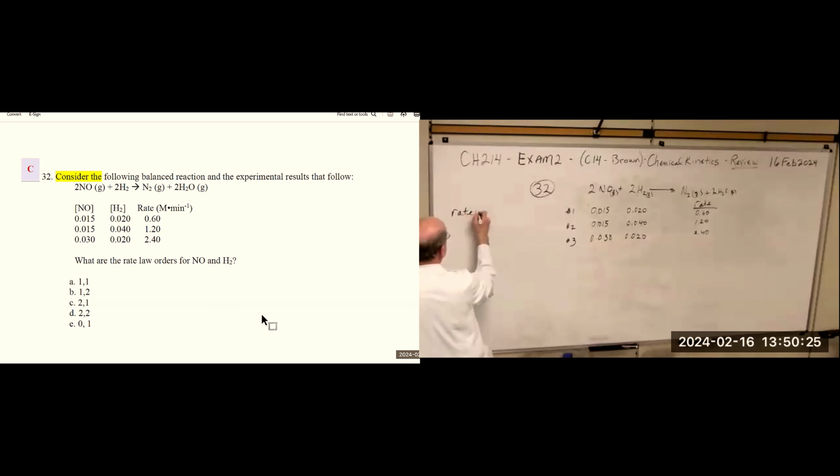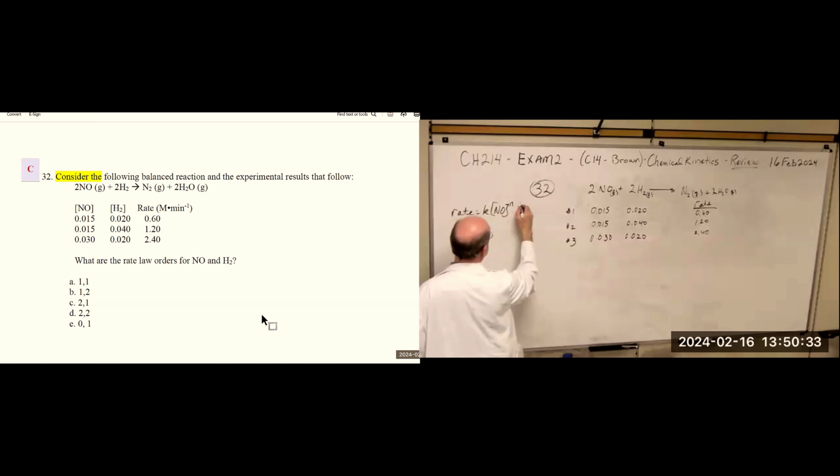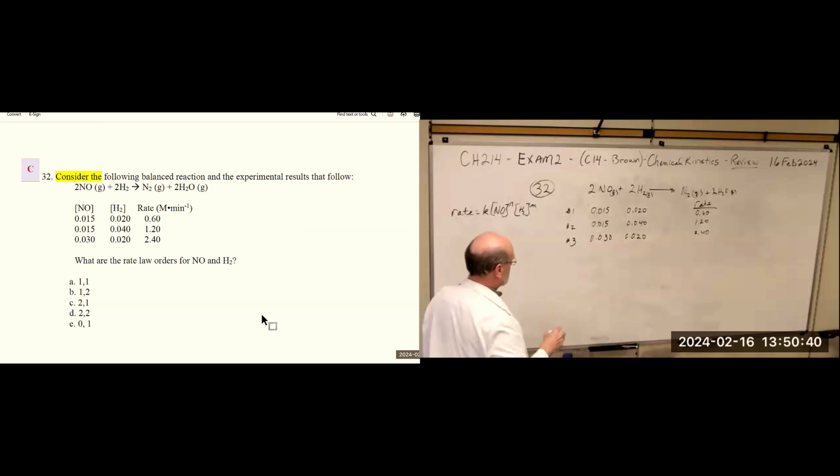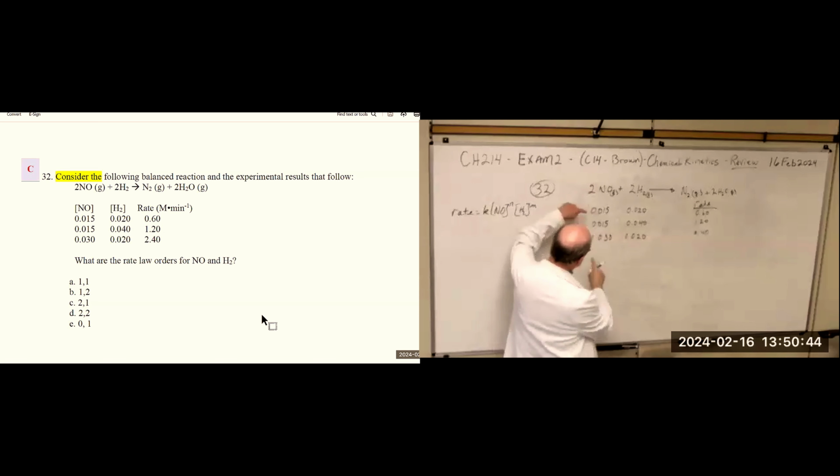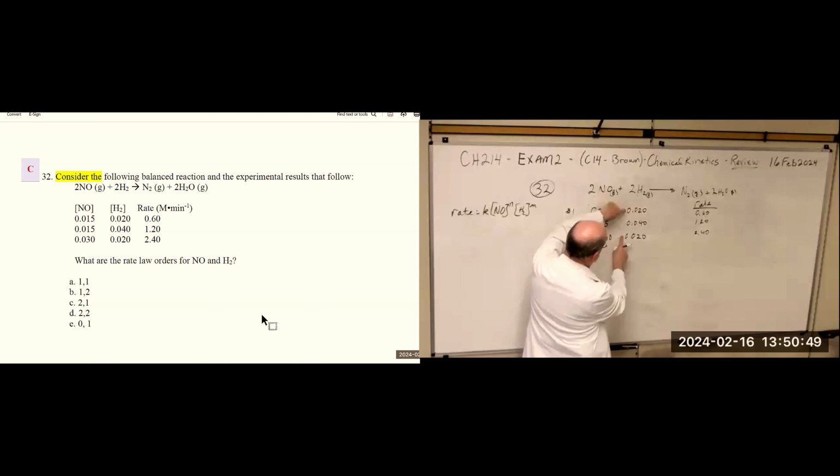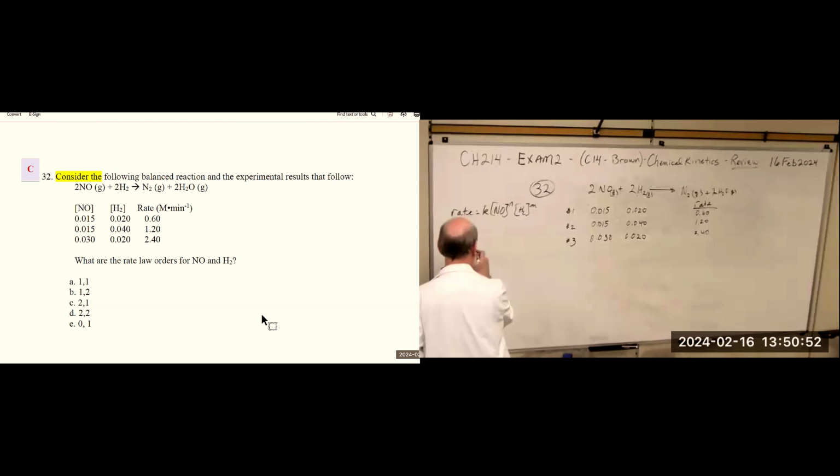So the rate is going to be K times NO to the N, and then H2 to the M. So we're going to ratio. We're going to find out the first one. It changes from here to here, but it doesn't change there to there. So we're going to use 3 and 1, number 3, number 1 for nitric oxide.